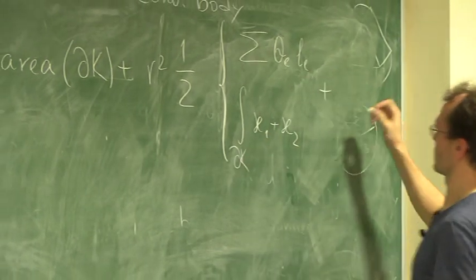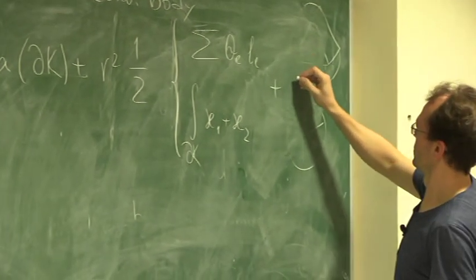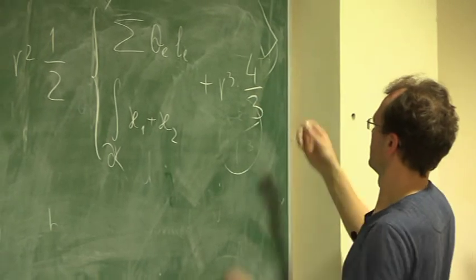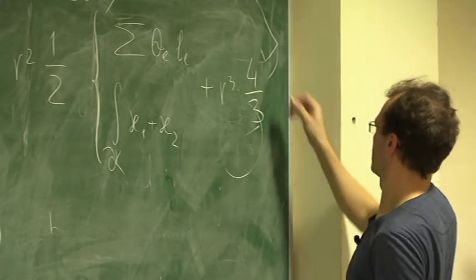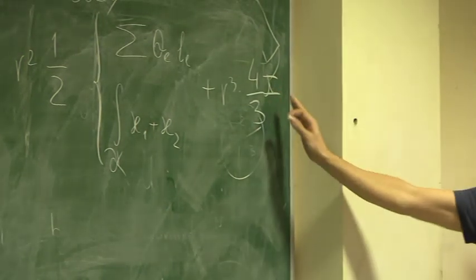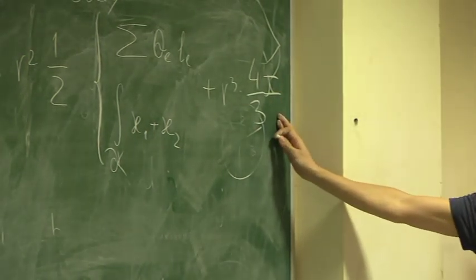And then there is the last term, which is just R cubed times 4/3 of pi. Right, so the Gauss one there.